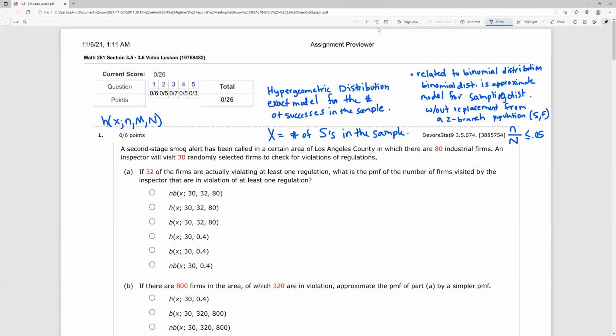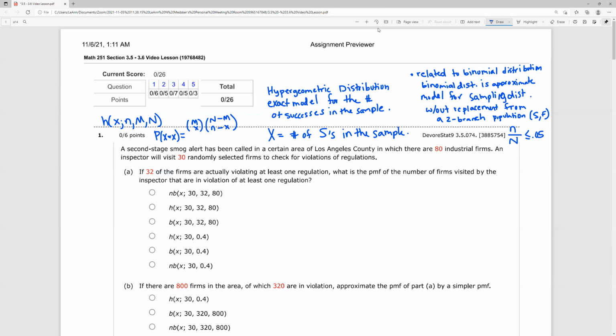Now this actually has a probability mass function formula, probability of X equal to x, and it's got a lot of combinations in it. It's essentially big M choose little x, so the number of successes in the entire population choose the number of successes in our sample, times capital N minus M choose little n minus x.